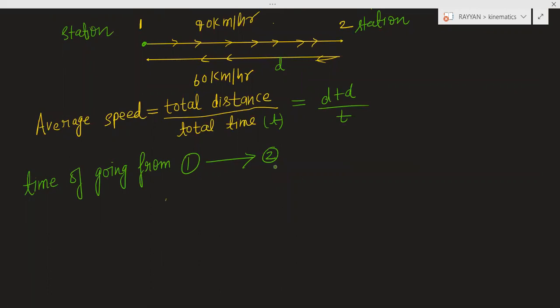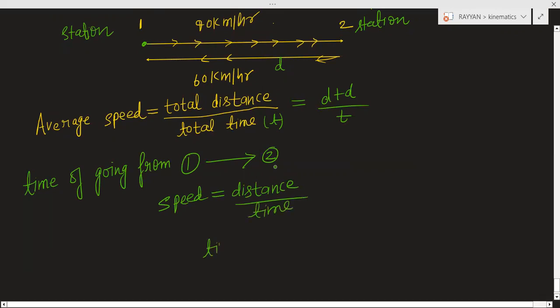We know that speed is equal to distance upon time. From here we can find the time, which is equal to distance by speed.